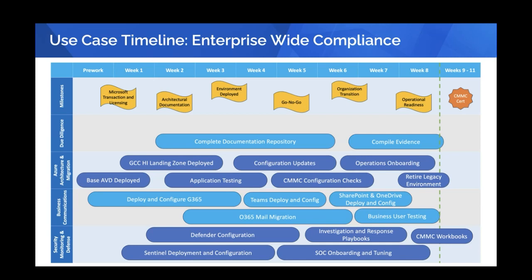So we have a build path that consists of a GCC High landing zone being deployed within Azure and M365, any configuration updates, any operations onboarding. And we have, as stated, base AVD deployed or Citrix GCC High DaaS implementation that would be required to be able to get into this environment.